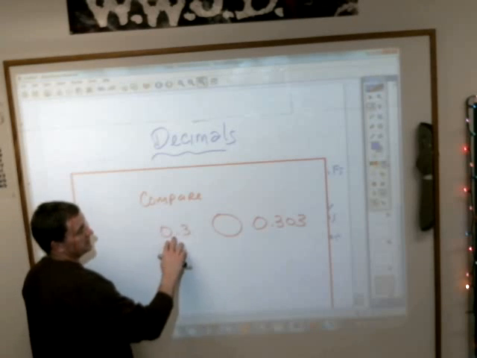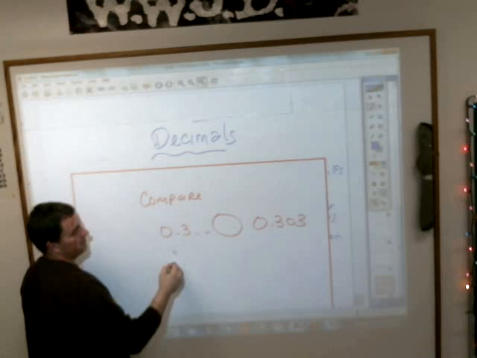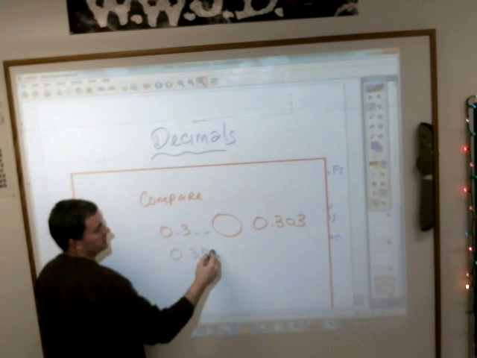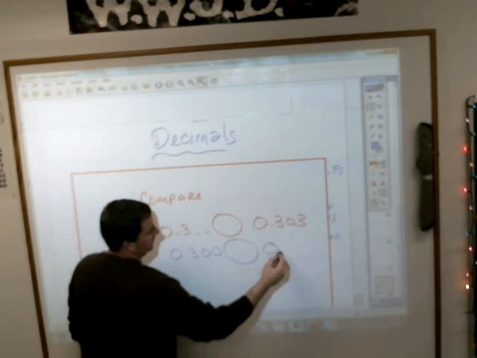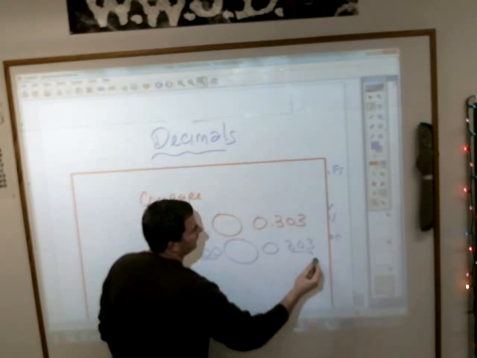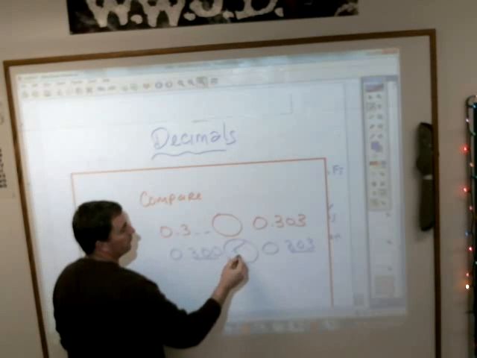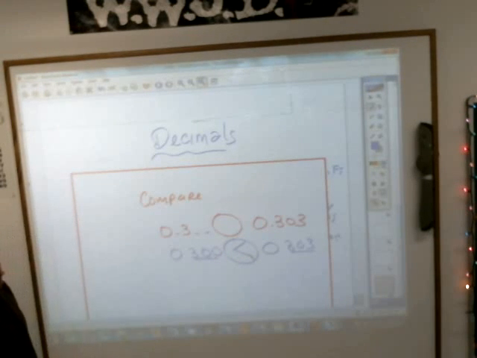So I would suggest that because this has 3 digits after the decimal, I would add 2 zeros to make this have 3 digits after the decimal, because then you can compare it like, what's bigger, 300 or 303? Because now they're written in the same form, and 303 is bigger.